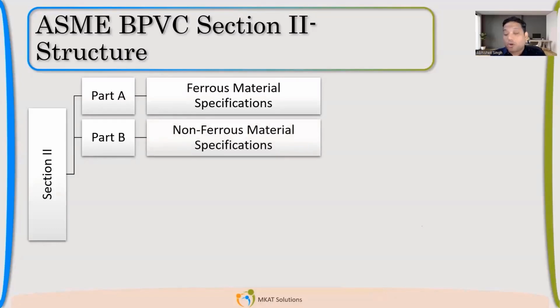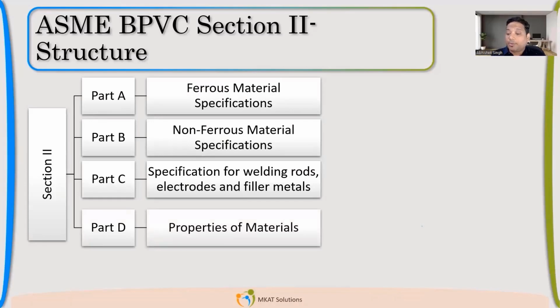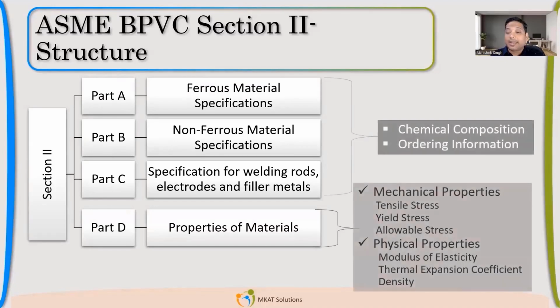So part B talks about non-ferrous. Part C is related to welding rods, electrodes, filler welds. Part D talks about properties of material, right? So we get allowable stresses, yield, tensile, modulus of elasticity, density, all physical and mechanical properties we get from here. Okay.